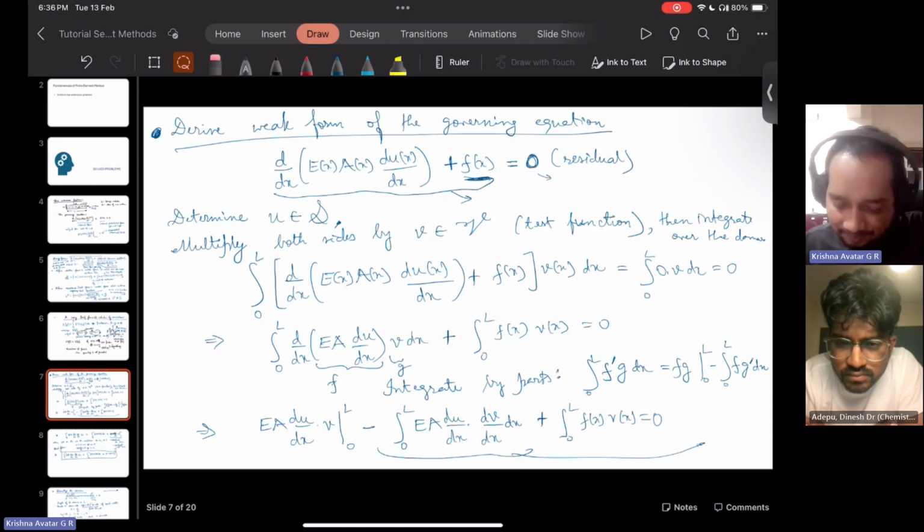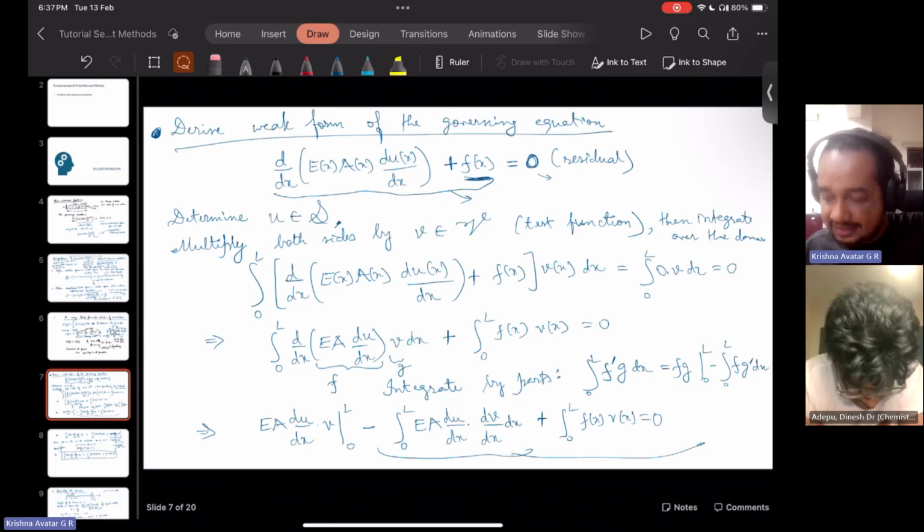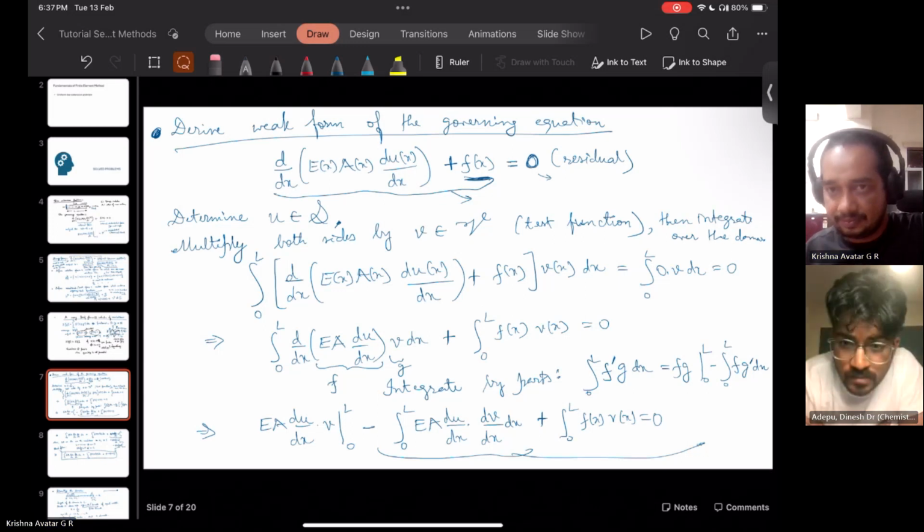As we progress forward, we are going to make some alterations here. So now what we do is we multiply both sides by v, an element of capital V, which is a test function here, and then integrate over the domain.